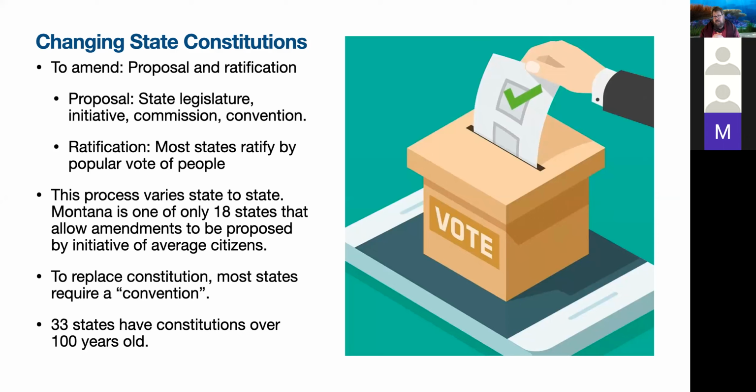Constitutional conventions can actually become free-for-alls where the entire system, everything that you've worked for up to that time, can be wiped away. 33 states have constitutions that are over 100 years old, which is kind of cool when you think about it. However, they probably have lengthy amendments.